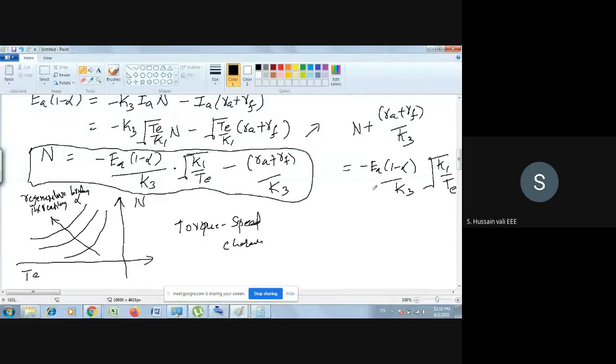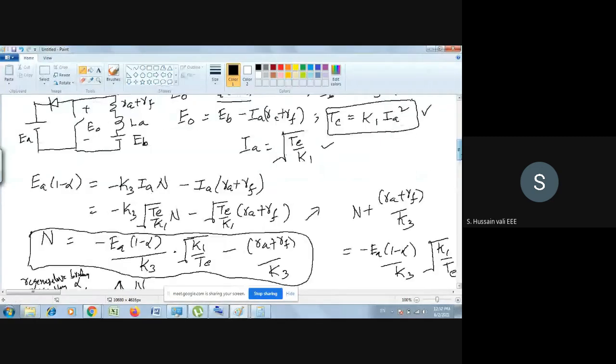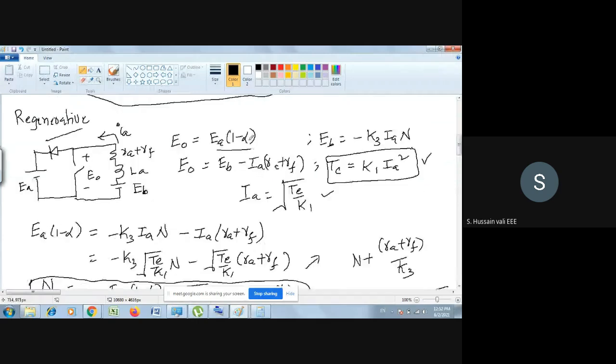Okay. So simplifying these equations, please recall that E naught is equal to E into 1 minus alpha. So then you have seen that the current gets reversed. When the current gets reversed, okay, so what is the equation you will get now?